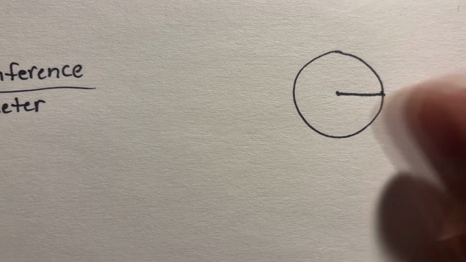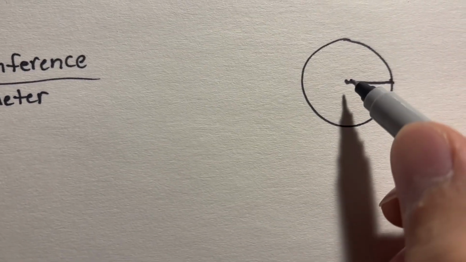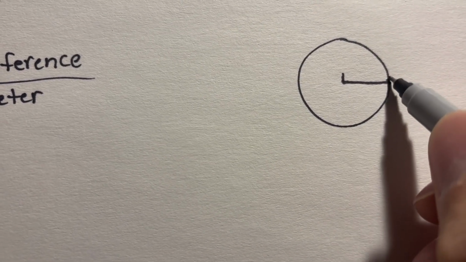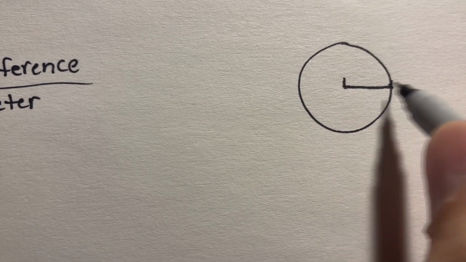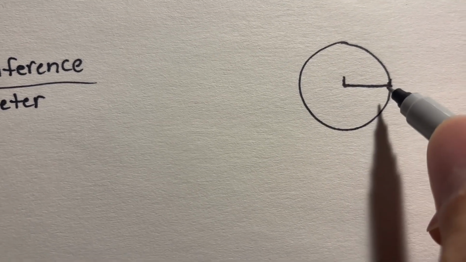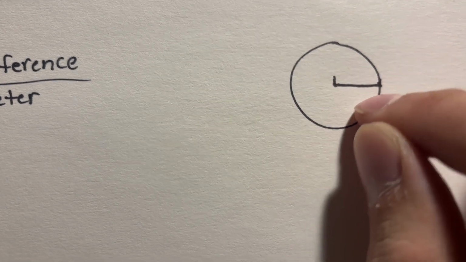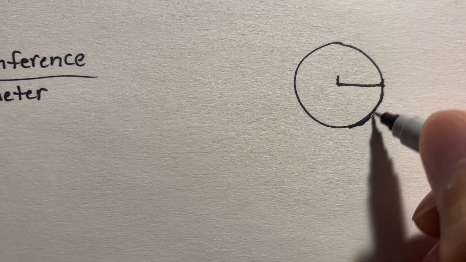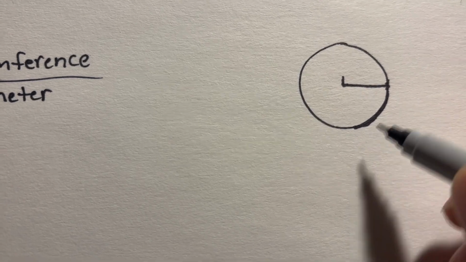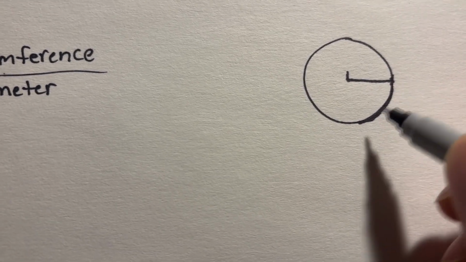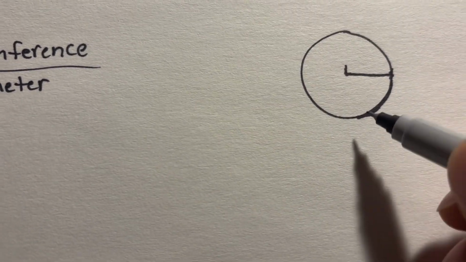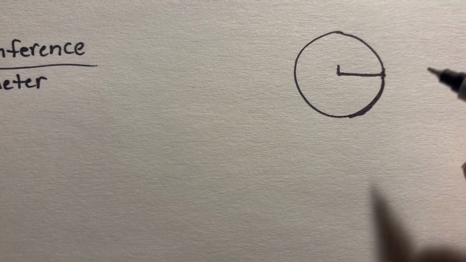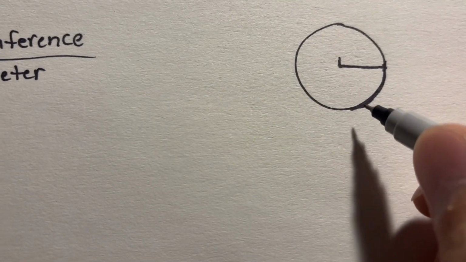If you were to take the length of the radius and bend it hypothetically to fit the circumference, it would be just slightly under 1/4 of the circle circumference.